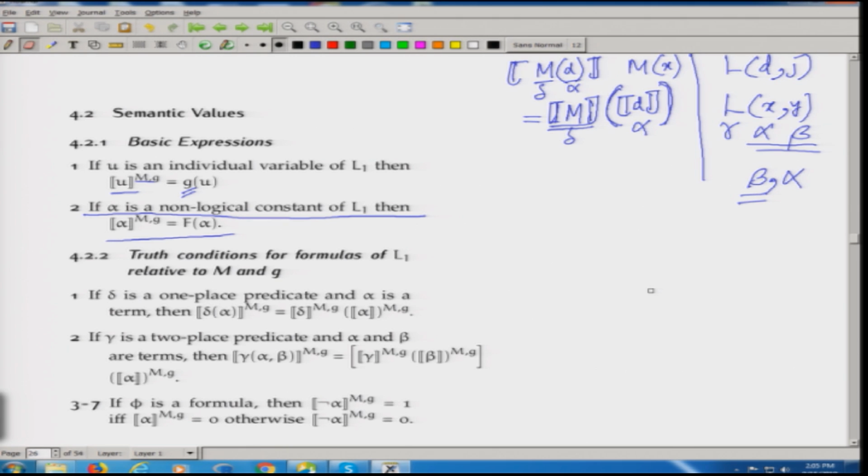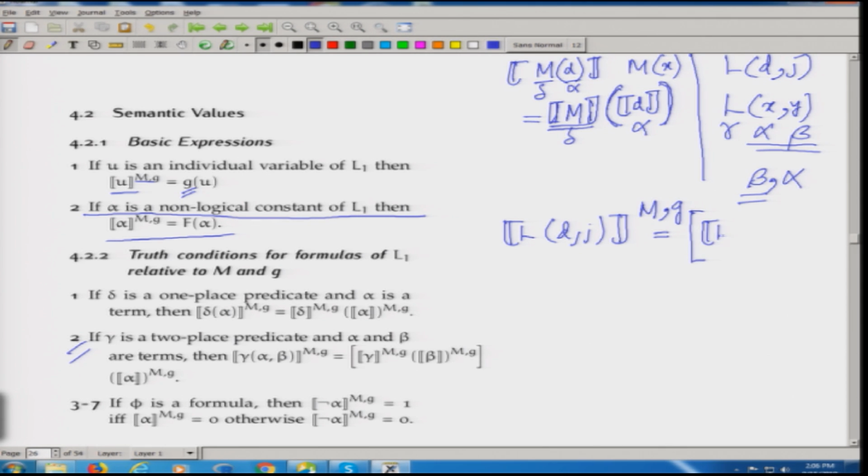So, rule number 2 states that if gamma is a 2 plus predicate and alpha and beta are terms, then the meaning of gamma alpha beta, which is, say, L d j, with respect to m and g. We will see why both m and g are there. So, there are 2 steps.